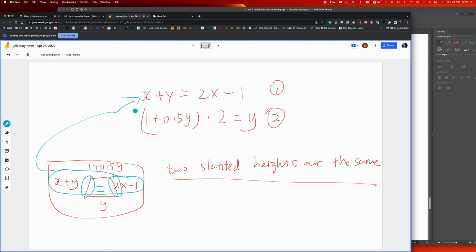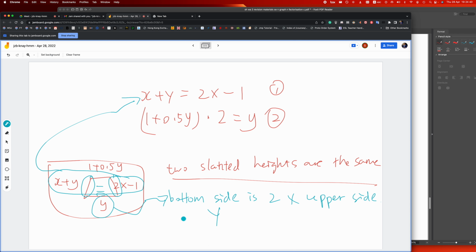Okay, next. They say the bottom side is 2 times the upper side. So what's the bottom side? The bottom side is y. This is the bottom side, right?